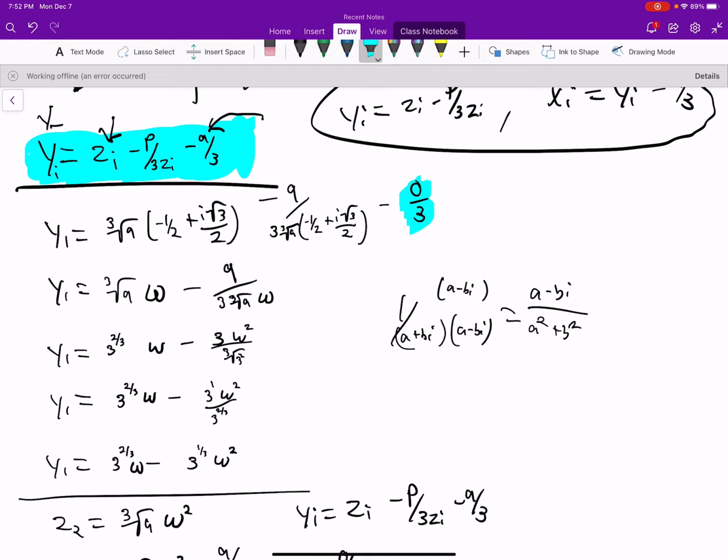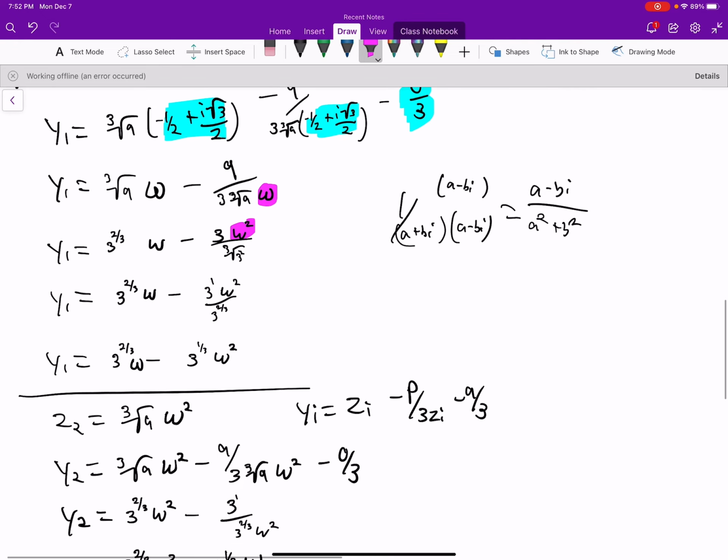All right. So look in here. I changed this to omega and this to omega. And remember, the inverse of omega is omega squared. So I'm now looking right here. The inverse of omega is omega squared. And the rest is just standard simplification that you can see in pre-calculus.